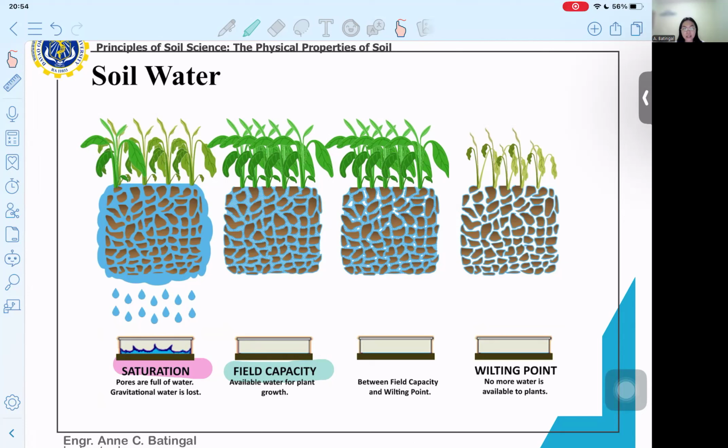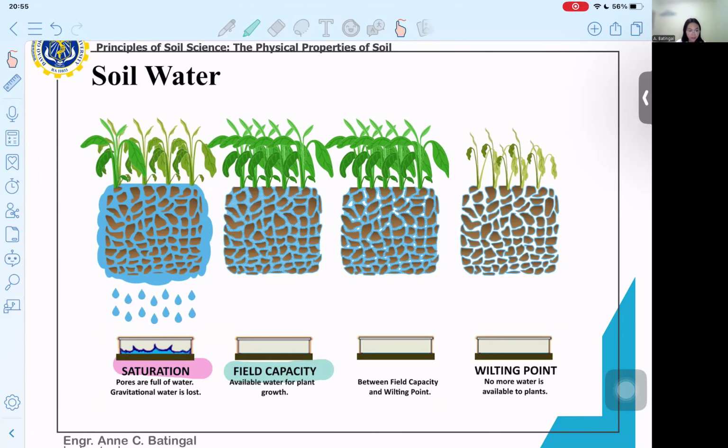We don't irrigate up to saturation. With saturation, there are chances that the soil will leach or erode. What we should do is irrigate up to field capacity, which is just the right amount of water, not too much water like in saturation.